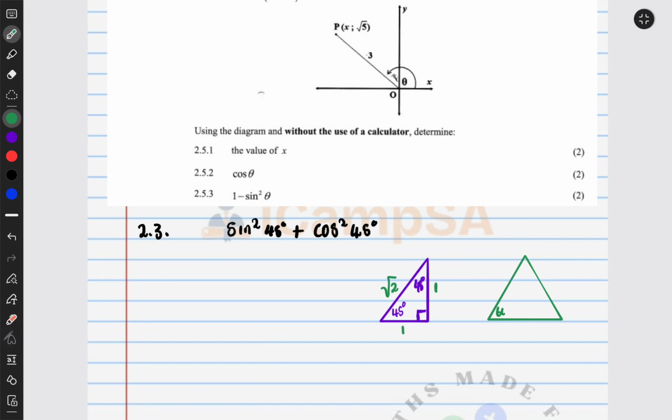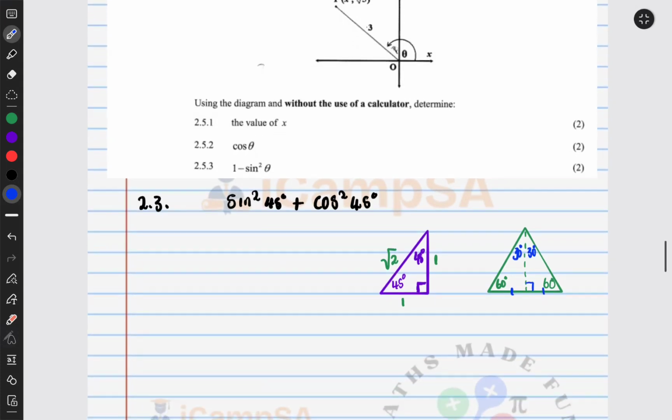So we have 60 degrees, 60 degrees, and then we draw a line from one point perpendicular to the other side, and it bisects the side it is perpendicular to. So this part and this part will be equal, and it also bisects the angle there, since this is an equilateral triangle. So we're going to have 30 degrees and 30 degrees here, which adds up to 60.